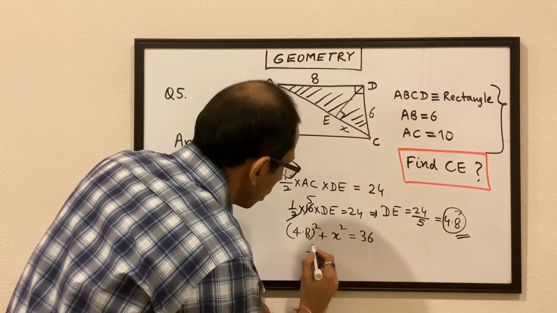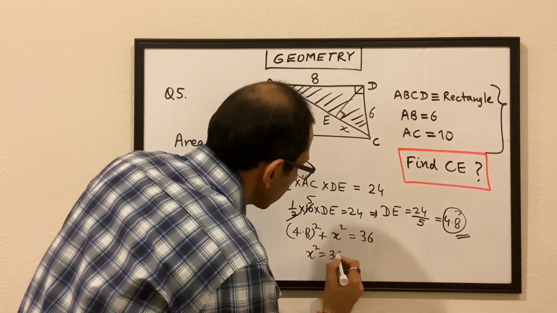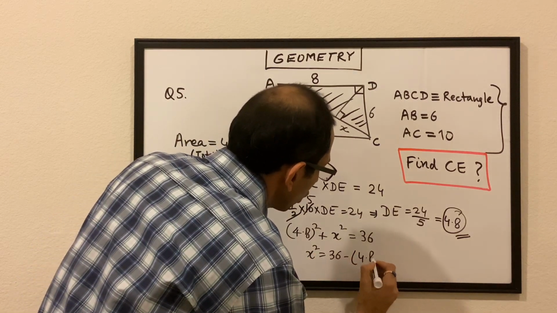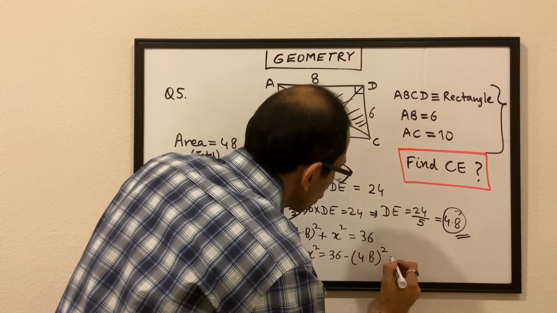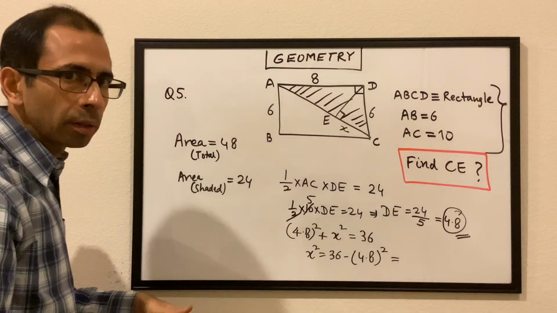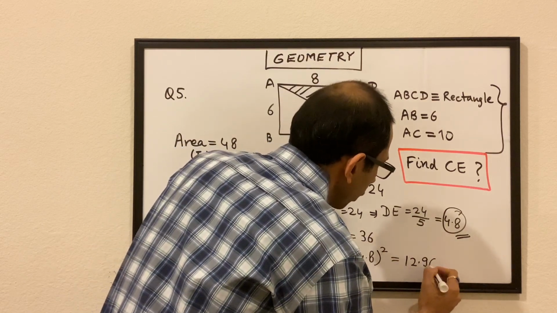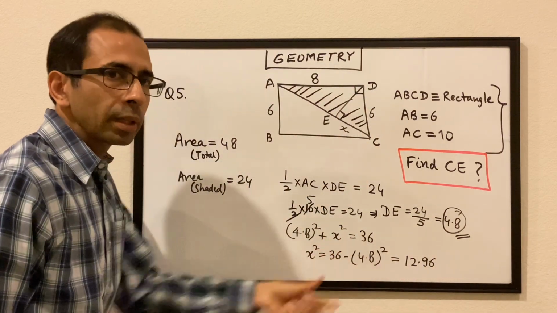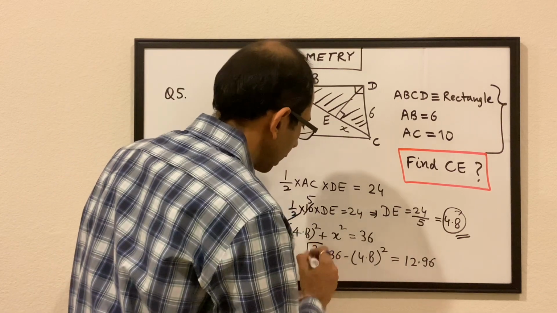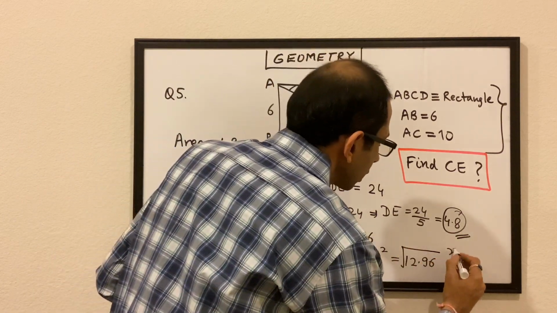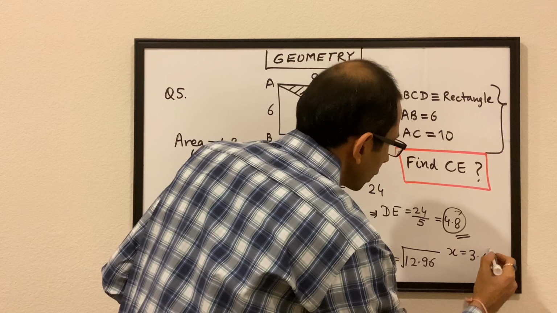And obviously you solve it, you get 36 minus 4.8 whole square. You can use calculator maybe for this, and you will get 12.96. So x square is 12.96. You take the square root on both sides and you get x is equal to 3.6 units.